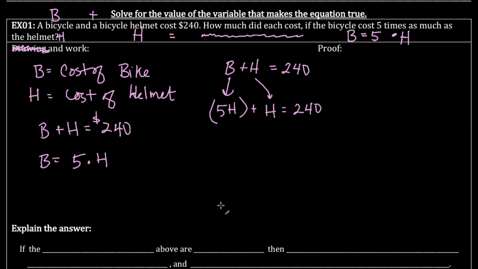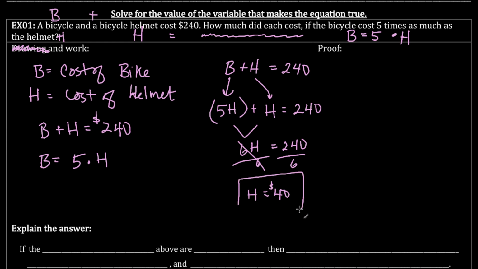I should get $240. 5H plus H is 6H, and I can divide by 6. H equals 40. Remember, this is the cost of the helmet. The cost of the helmet is $40. And to find the cost of the bike, all I have to do is 5 times 40, which is $200.